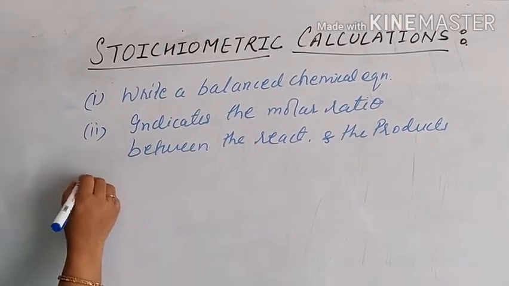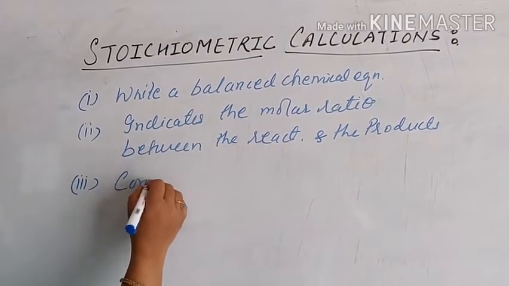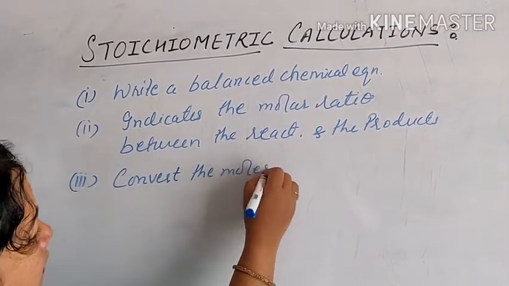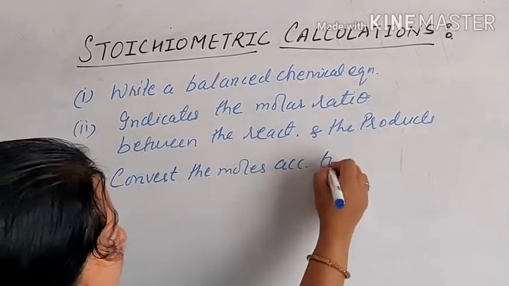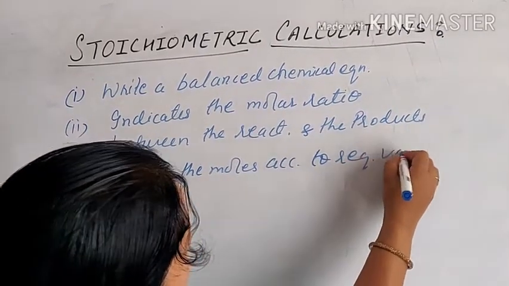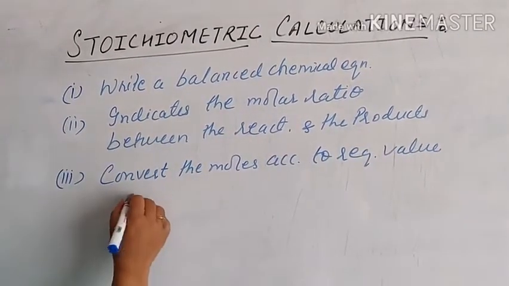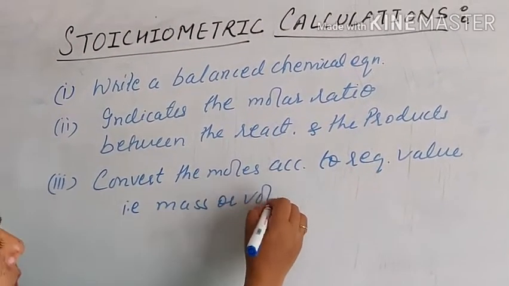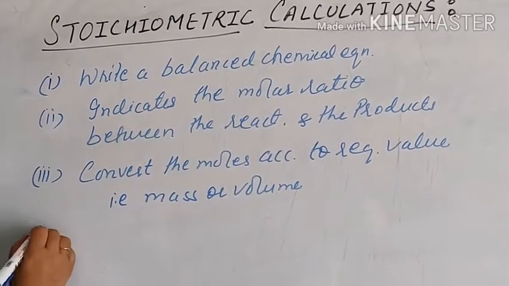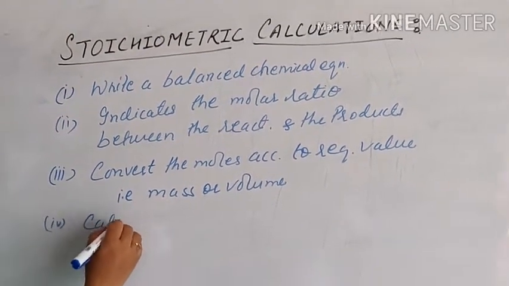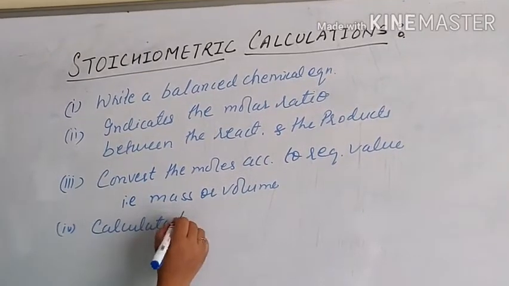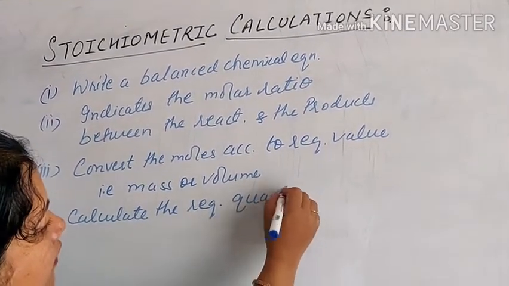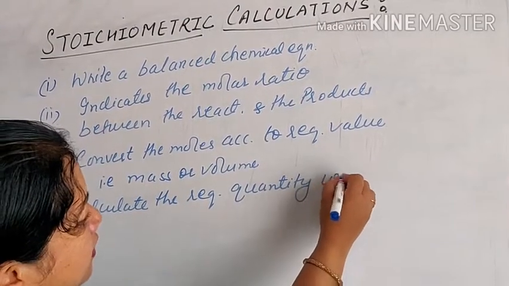Third step is convert the moles according to the required value, that is, it can be mass or it can be volume. And the last step is calculate the desired quantity using the unitary method.